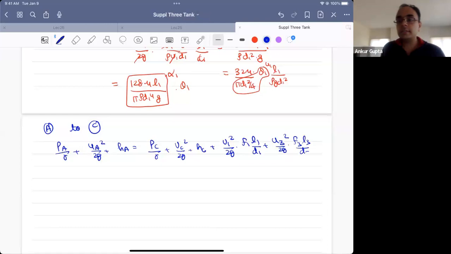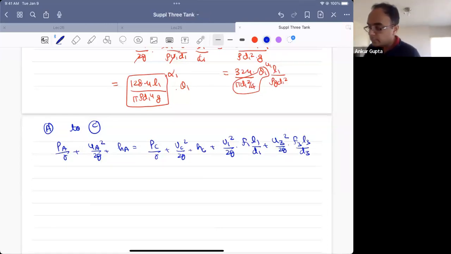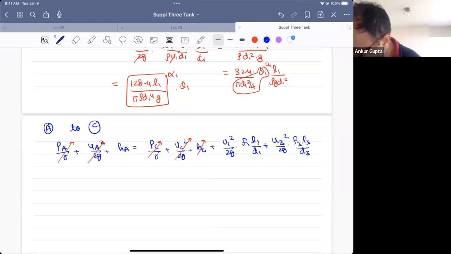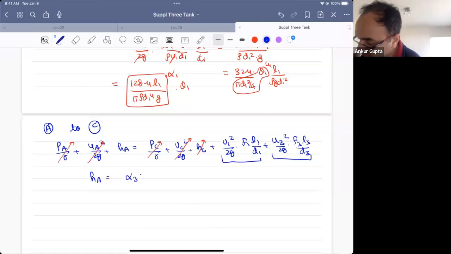Okay, so this is essentially my system. Now PA and PC are both 0, so we get rid of them. Tanks are large, so we get rid of those terms. HC is equal to 0, that's the reference. So I simply get HA is equal to, and this we can represent in terms of alpha, alpha 1 Q1 plus alpha 3 Q3.